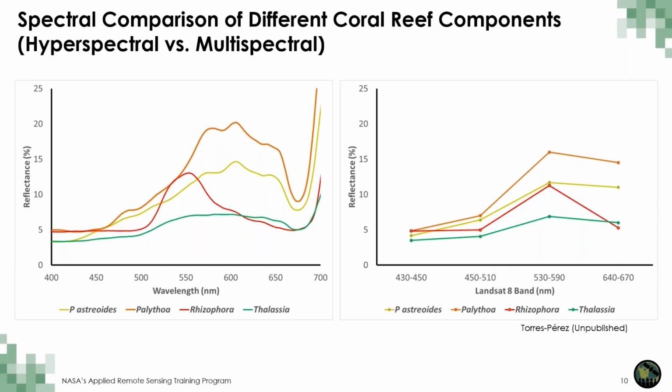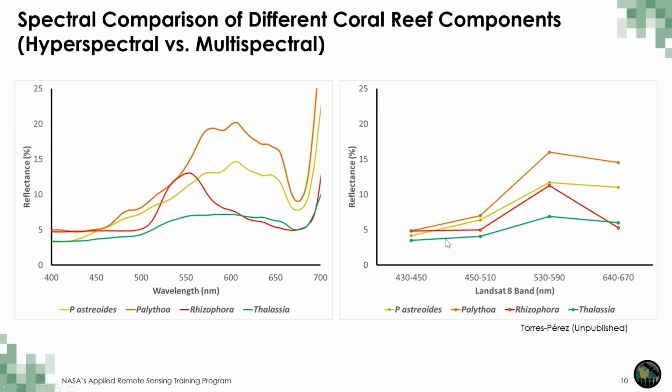Okay, so here we have the same graph that we saw a couple of slides ago, where on the left-hand side is the data collected in situ with a spectroradiometer, and on the right-hand side is the same data set but adjusted to the four Landsat 8 bands in the visible range.